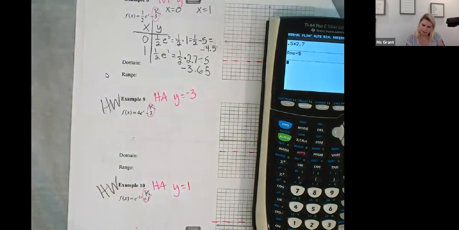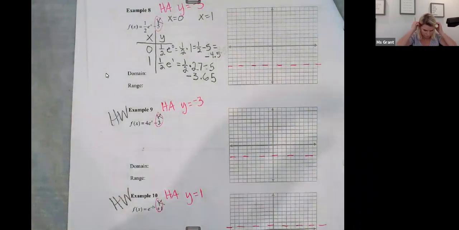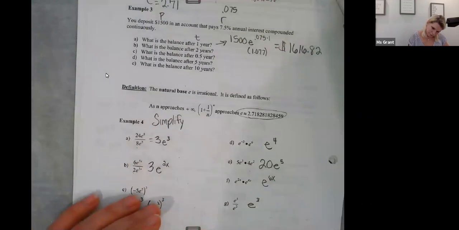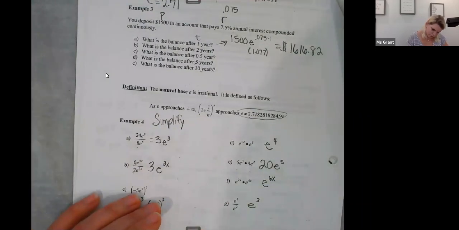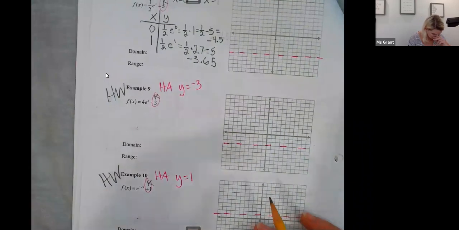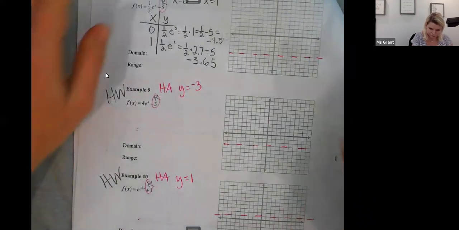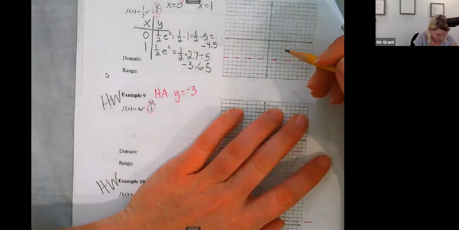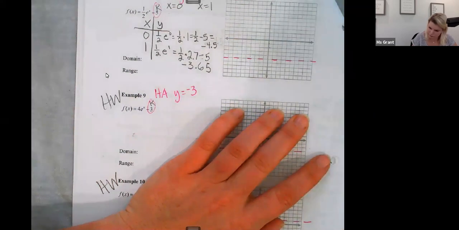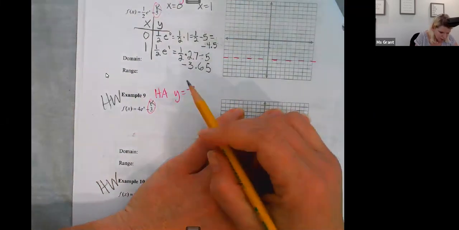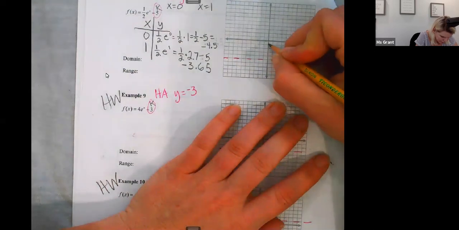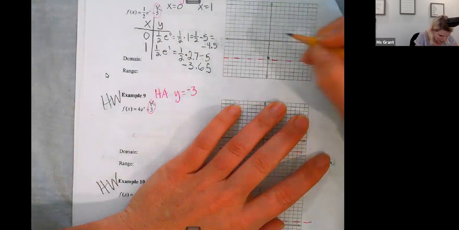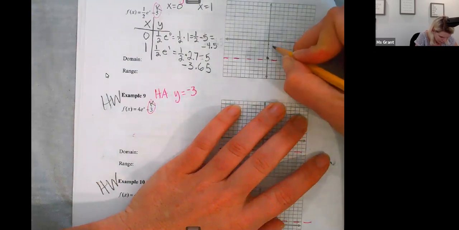So graph those 2 points. All right. Zero comma -4.5. 1 comma -3.65.